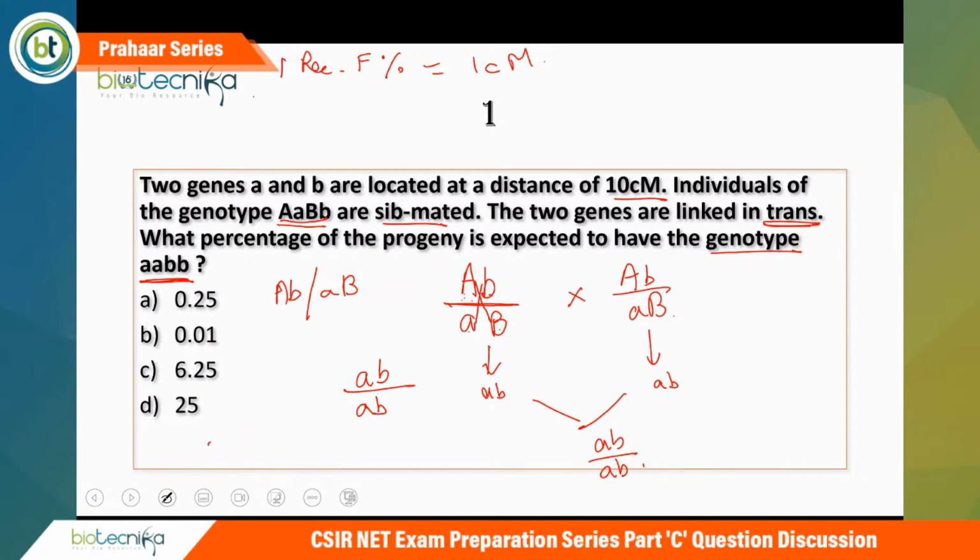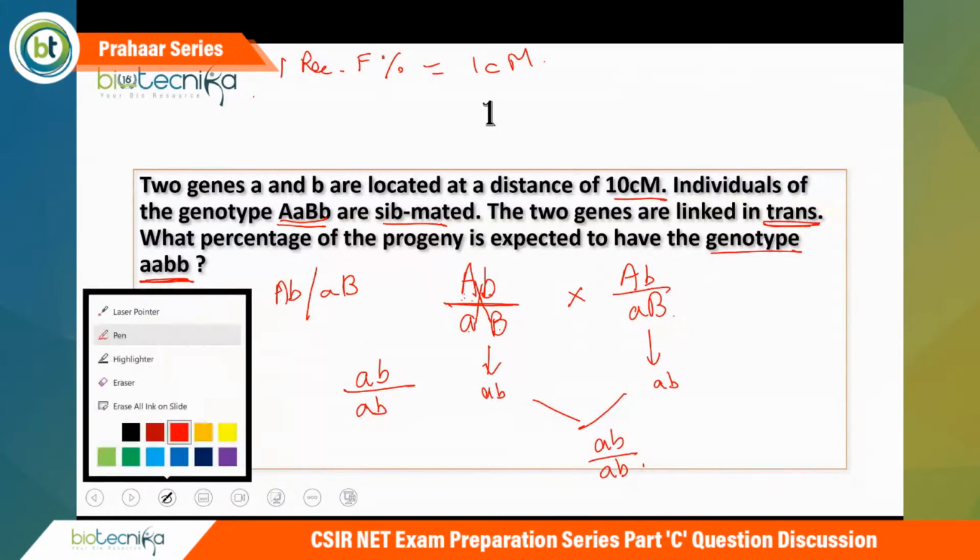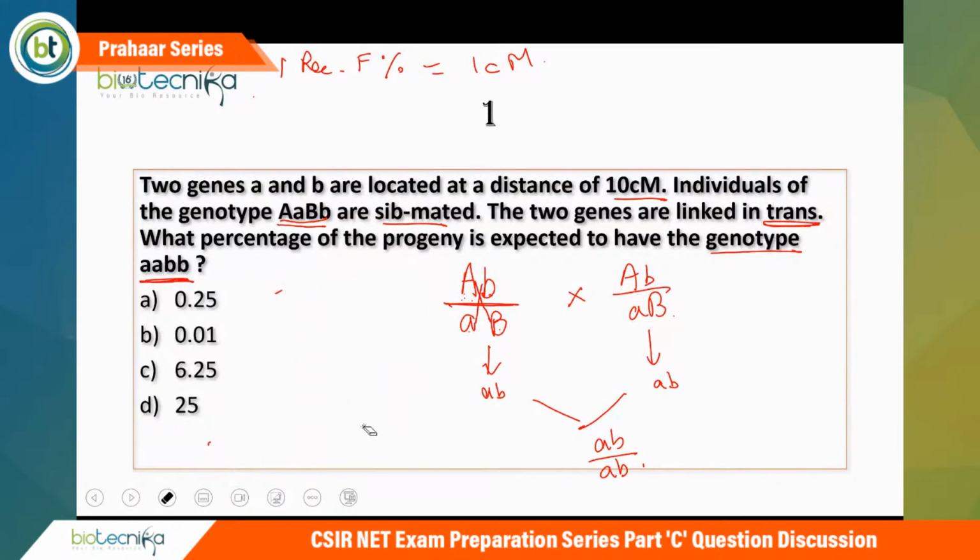But 10% includes both the recombinants. When there is recombination here, these are the recombinants we get: capital A, capital B, and small a, small b. Their total recombination frequency is 10%. So what will be the proportion of small a, small b only? It will be half of 10%.